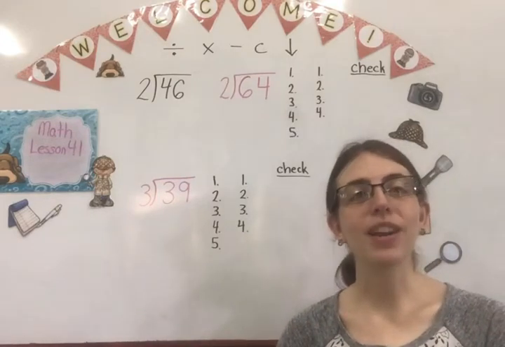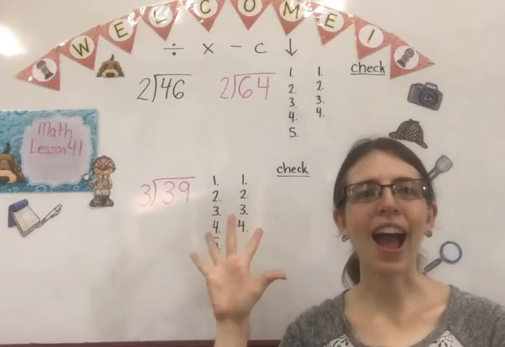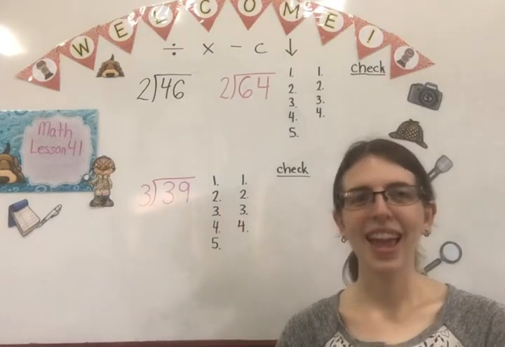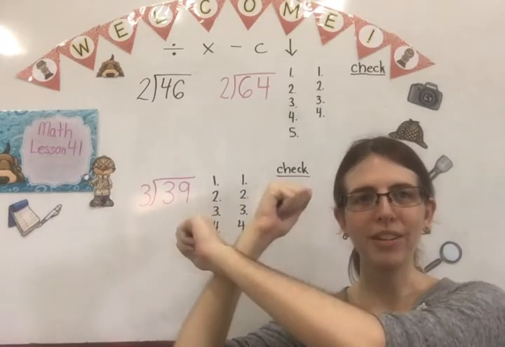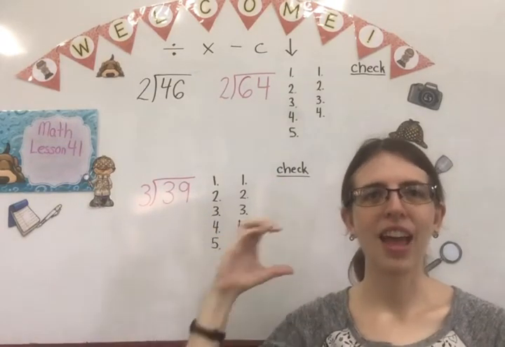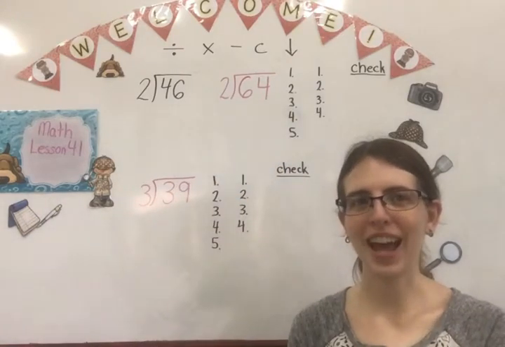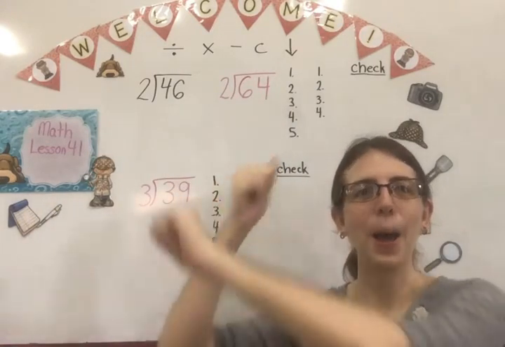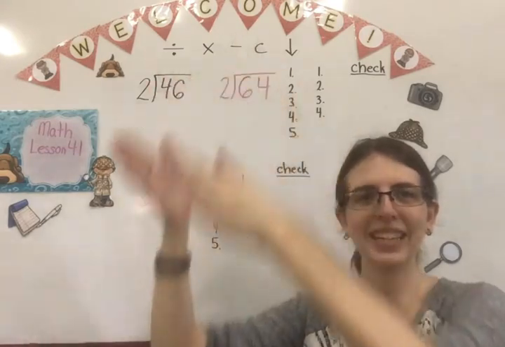Well, today we are going to add one more step. So now we will have 5 steps. Listen very carefully. Divide, multiply, subtract, compare, bring down. One more time. Divide, multiply, subtract, compare, bring down.